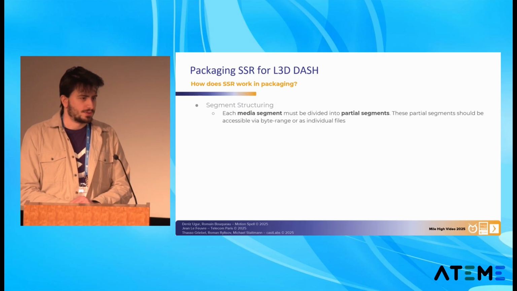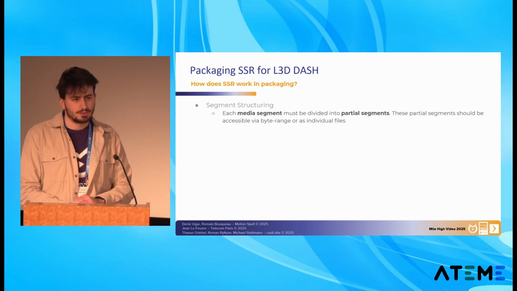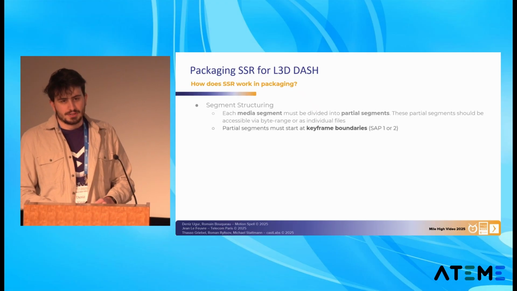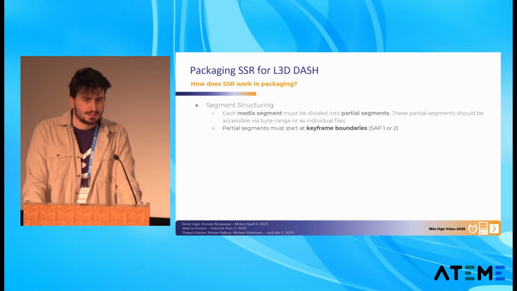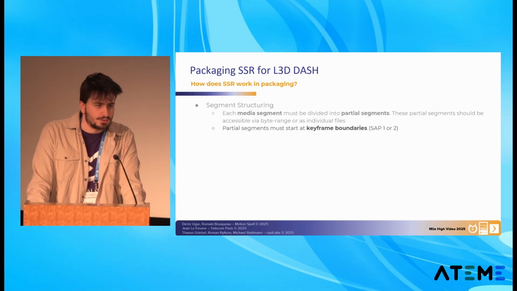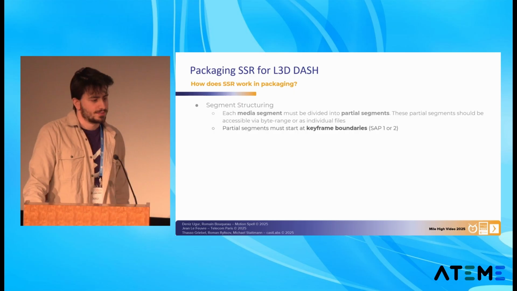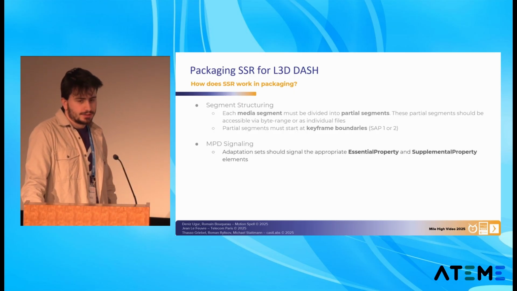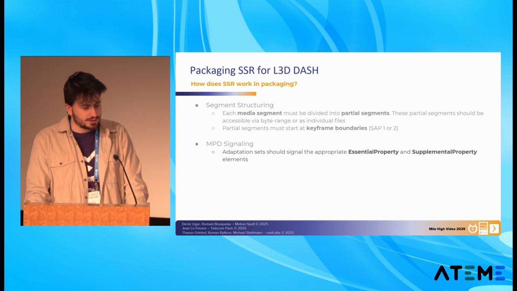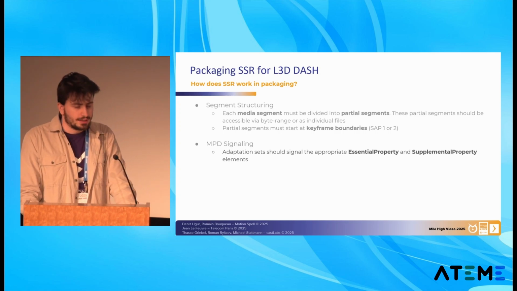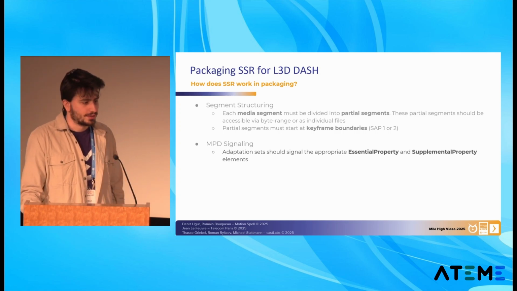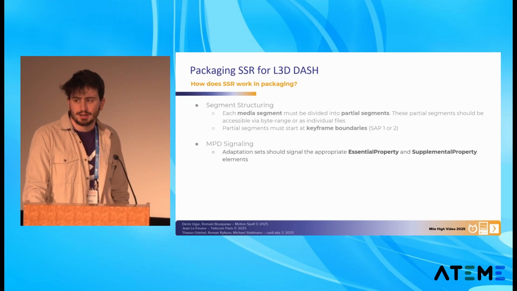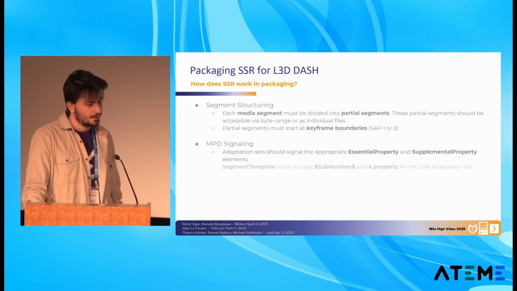These partial segments should be accessible via byte ranges or as individual files. Each of these partial segments must start with a random access point so that they can be used without any previous frames. And the manifest just requires an additional adaptation set with proper essential and supplemental properties in order to reference the other adaptation set on which stream to tune in to after the tuning is complete.